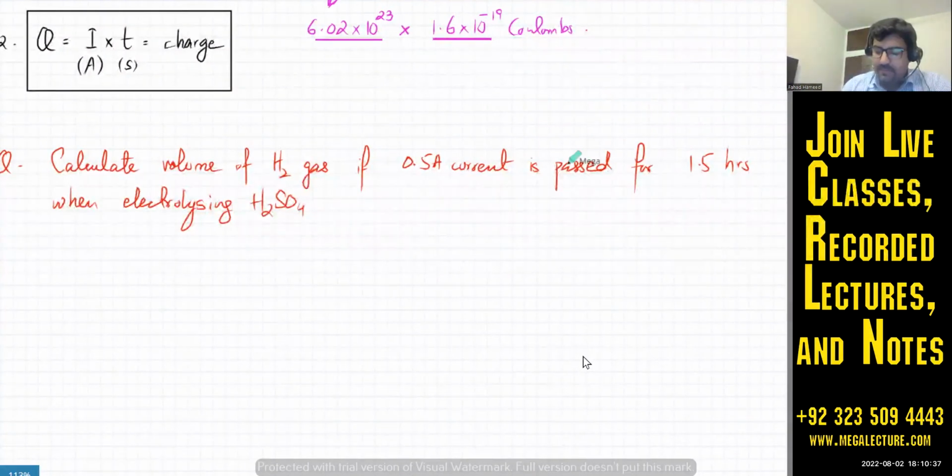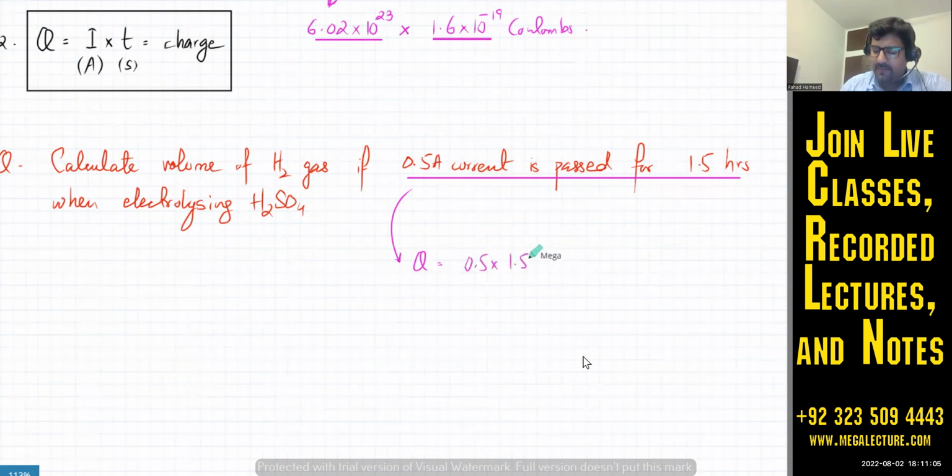As a first thing, how would you calculate the volume of H2 gas at RTP? Remember, this is at RTP. So you're given the time and you're given the current. So what you can do is figure out the charge. Q is equal to IT, which is current into time, that's 0.5 amperes, and 1.5 hours is 1.5 into 60 into 60 seconds.